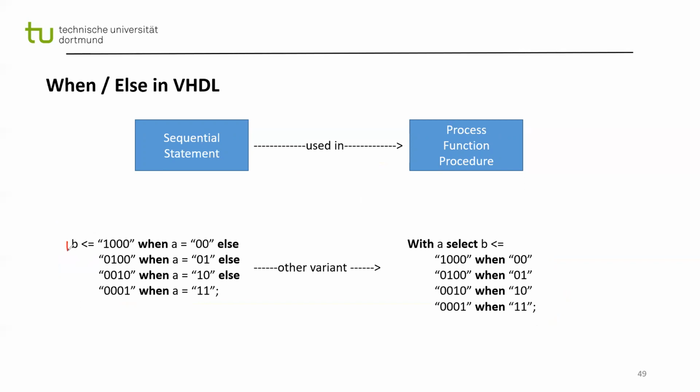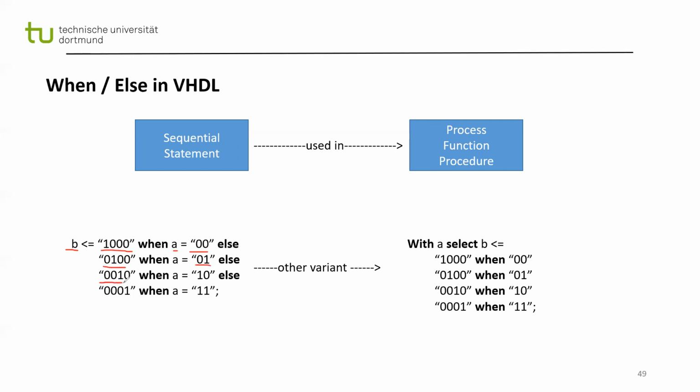We have our signal that we are going to save the assignment to. So basically, signal B takes the value of 1000 when and only when A is equal to 00. When A isn't equal to 00, B will take the value of 0100 when A is 01.